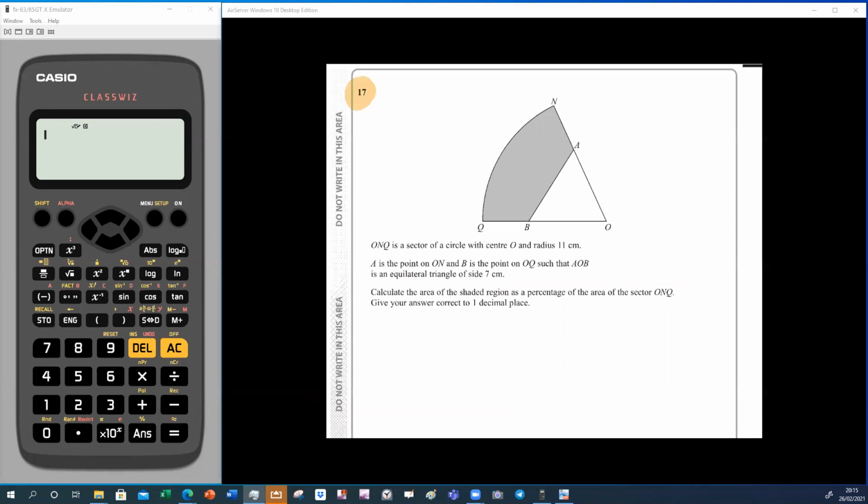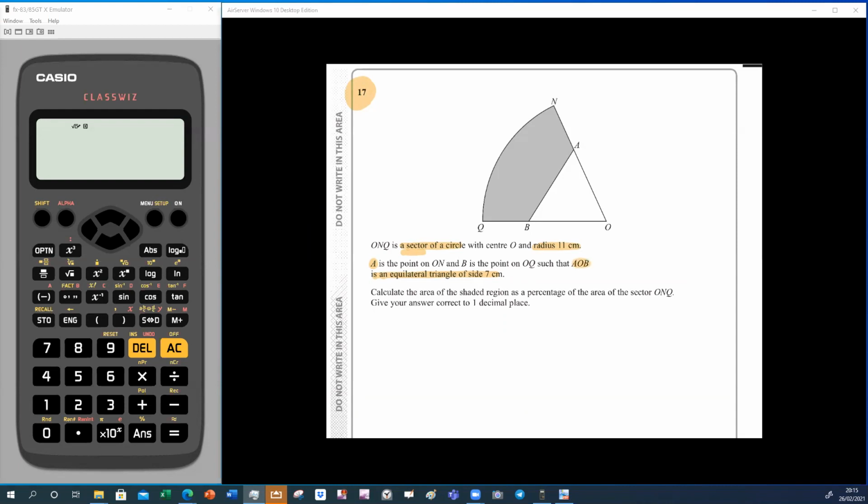Okay, so let's try to pick up some of the key words here. Sector. Okay, we have radius. And AOB is an equilateral triangle.